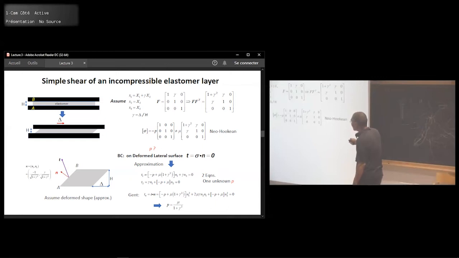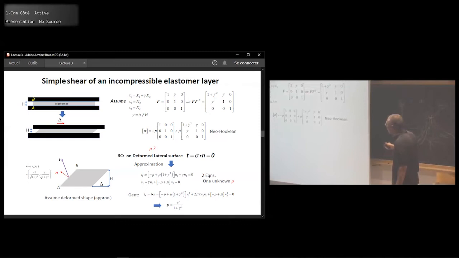So x2 is the same as the coordinate in the reference configuration; the deformed coordinates in the x1 and x2 directions are the same. x1 is this direction, right? So the only change is x1, so you get the deformation gradient like this, which is true for large and small strain.